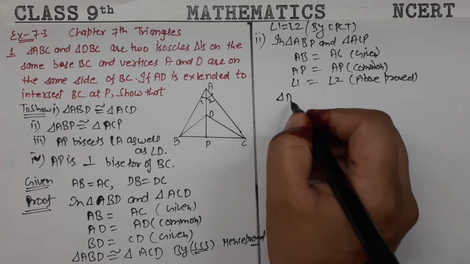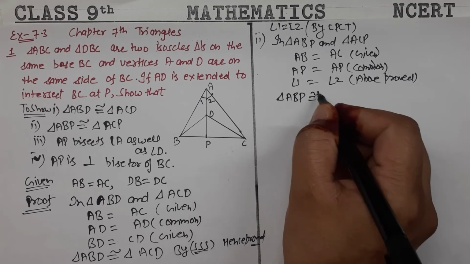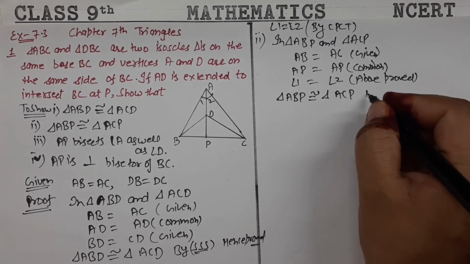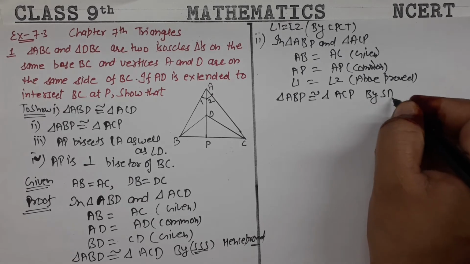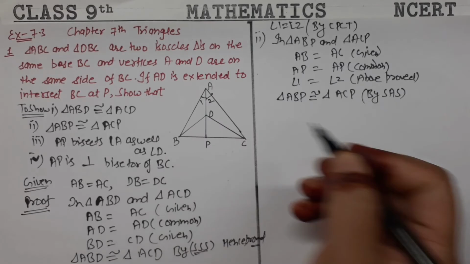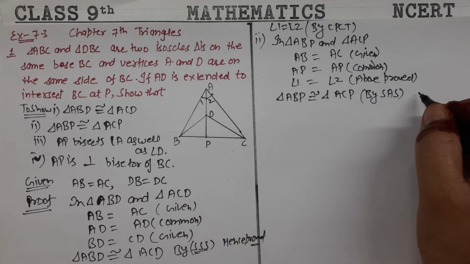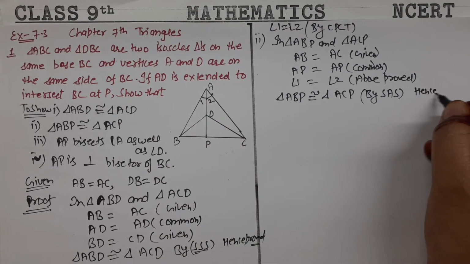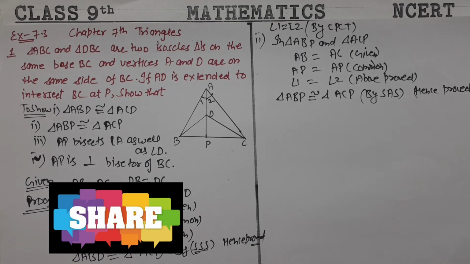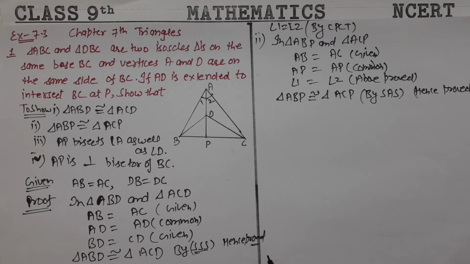So triangle ABP is congruent to ACP by SAS, side, angle, side. Second part proved. We will write here: hence, proved. Now, the next part.